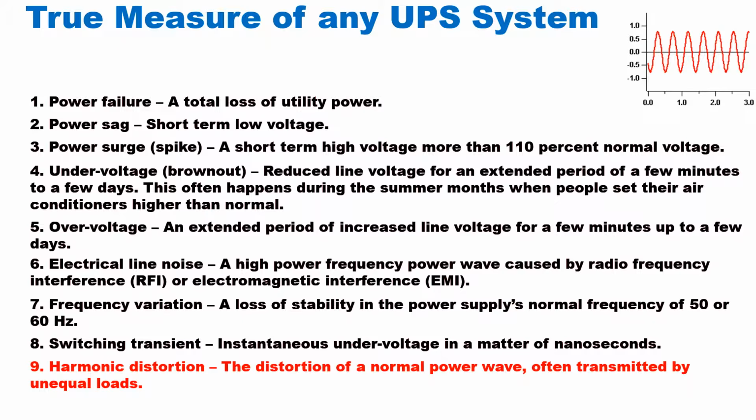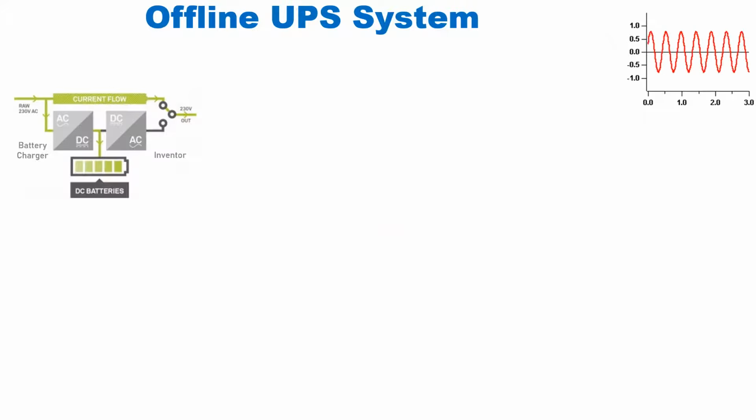Okay. Now, let's look at the first type of UPS, that is the offline UPS. Now, in the figure, you see if you've got 220 or 230 volts coming in, it goes through a battery charger, which charges the battery, and then you have an inverter that supplies 230 out in case of power failure.